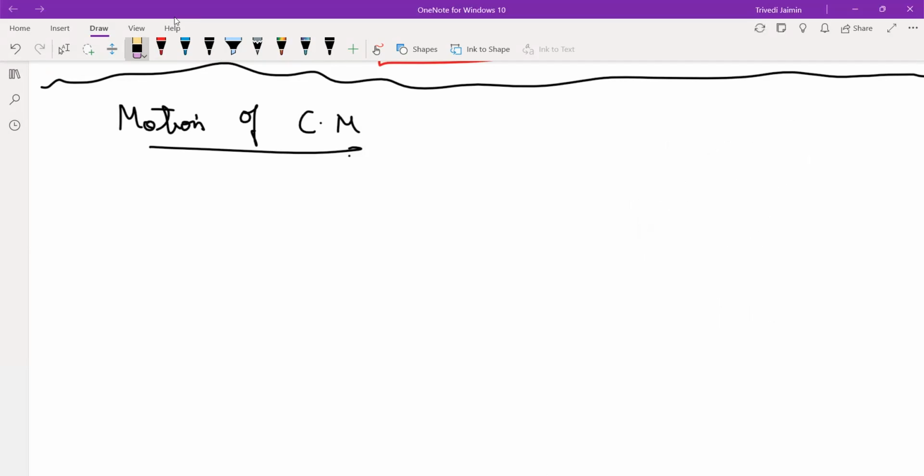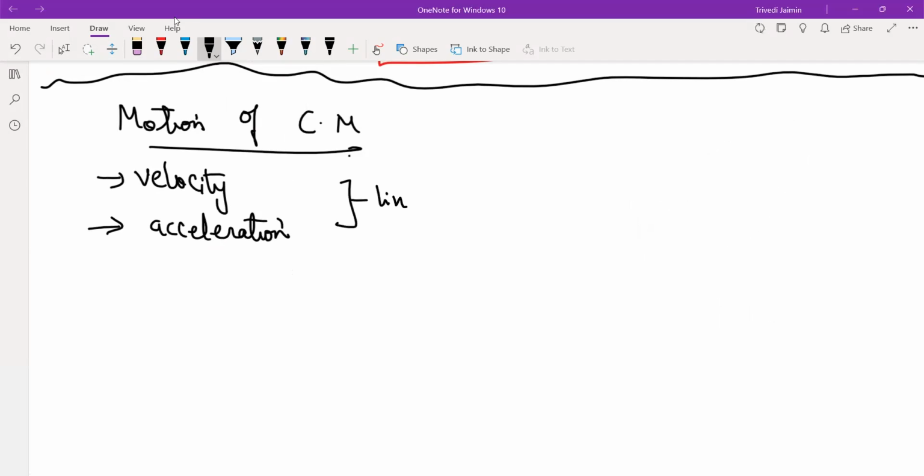Okay. So for motion, what do we need? We need velocity, then acceleration. These both are linear: linear velocity, linear acceleration. And what was that R vector, the directional vector?